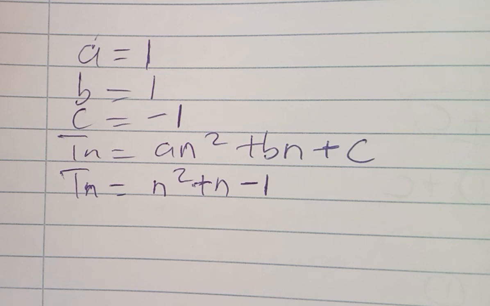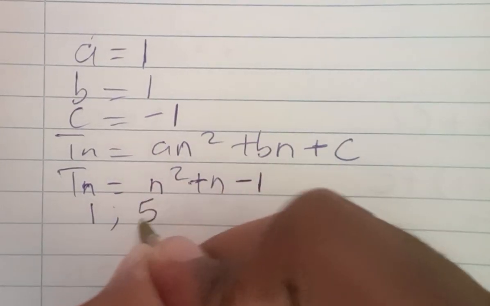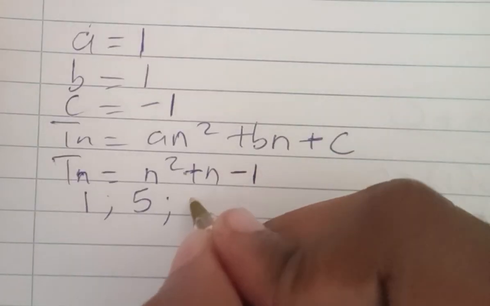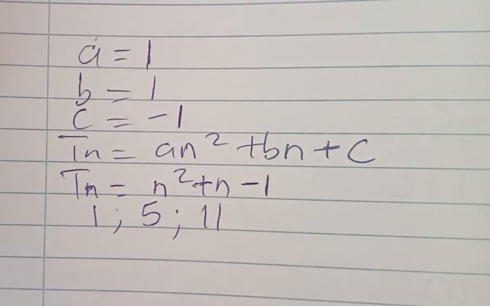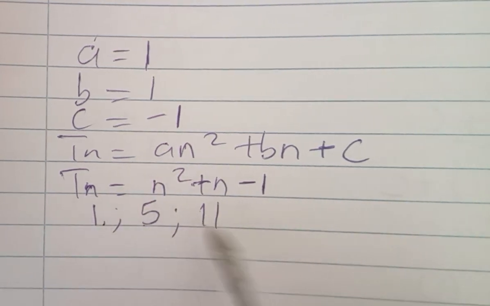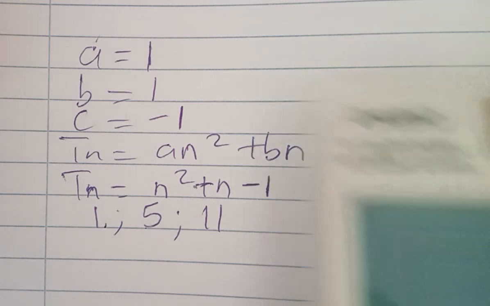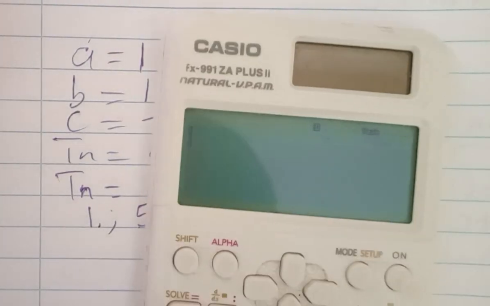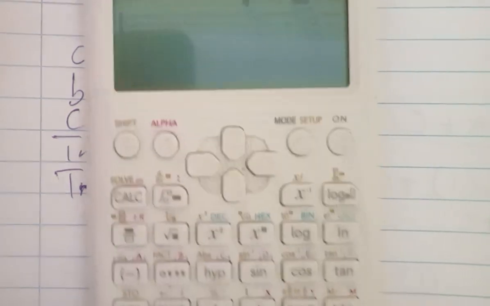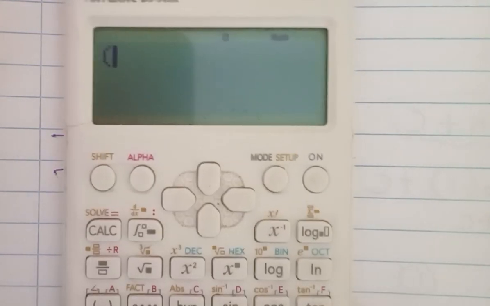But we have to test it. Remember, our sequence goes like this. So I will have to test. We have T1, T2, T3. Where I see n, let me substitute 1 from the nth term that we got.